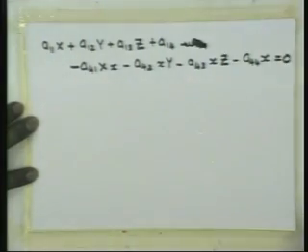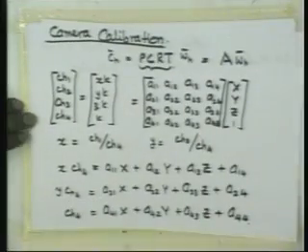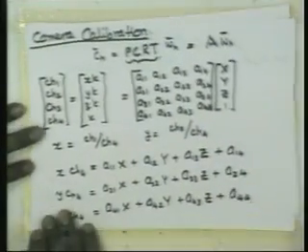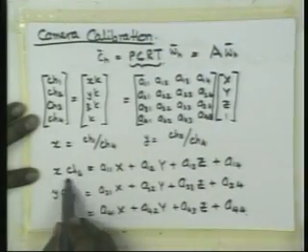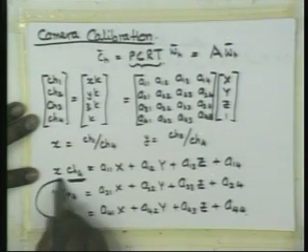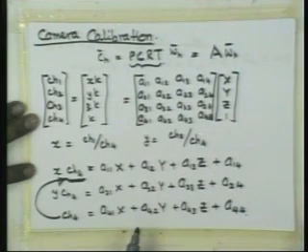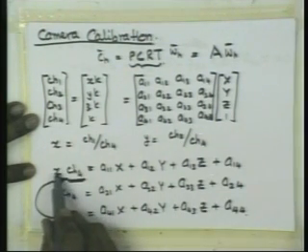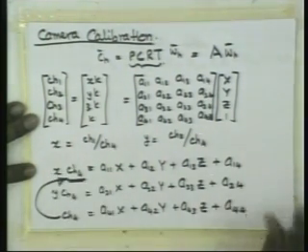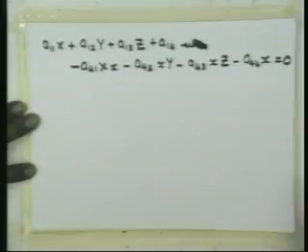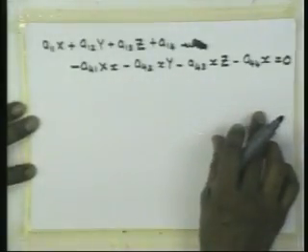All I have done is substitute for CH4, which depends on A41, A42, A43, A44, and this gets multiplied by the small x, and I take it all to the other side, so I get this equation here.